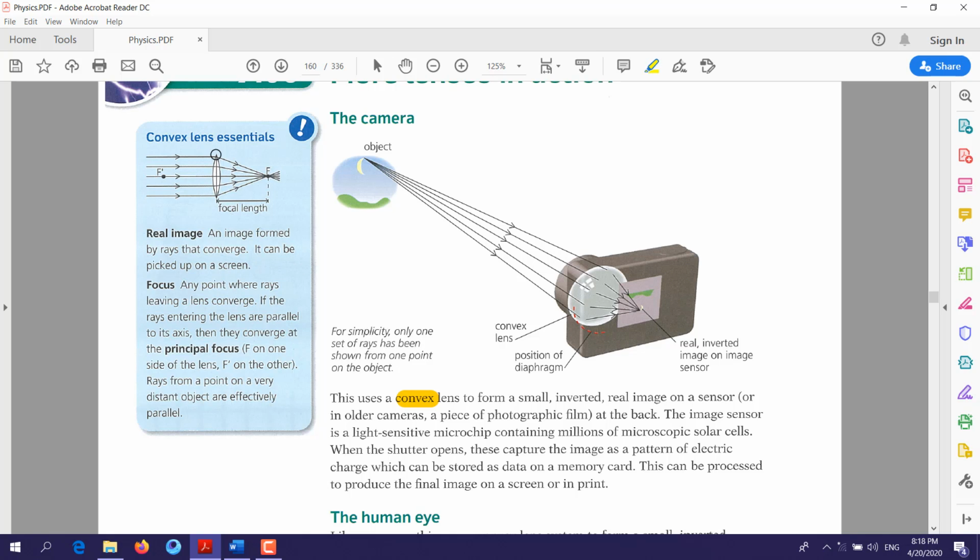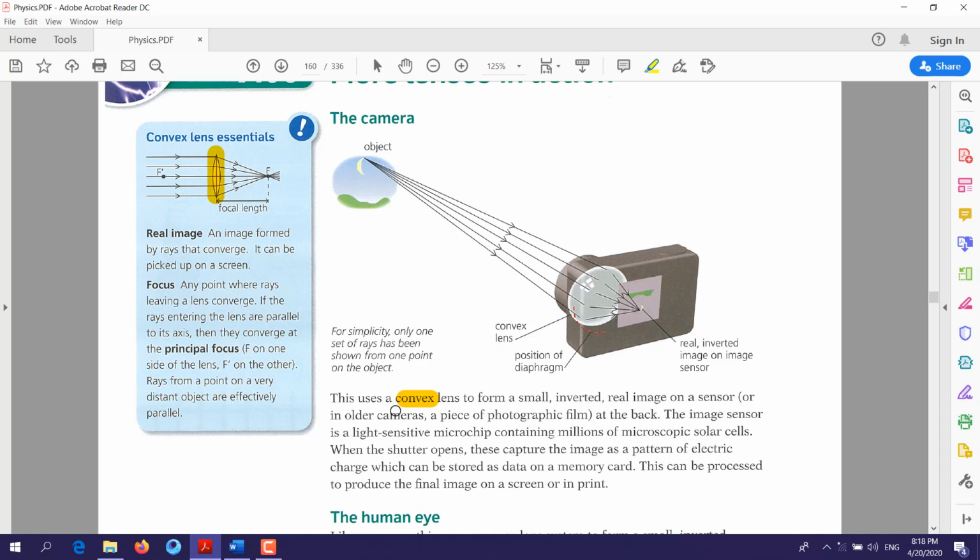As we explained before, in a convex lens, when light passes through it, it will converge, or meet in a point. The rays will bend until they meet at a specific point.